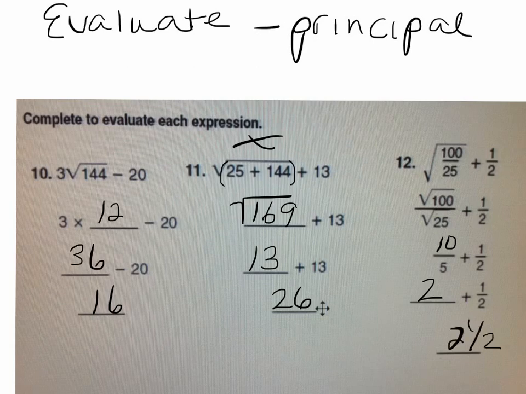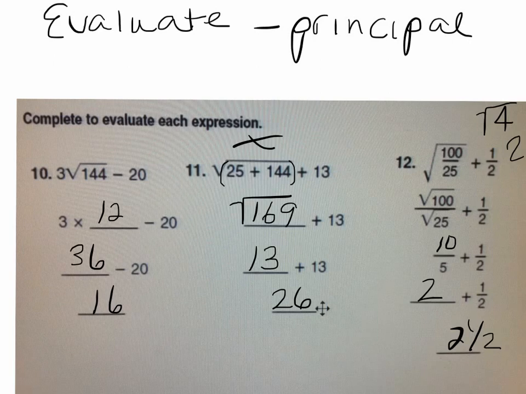Okay, but notice something. Check this out. What if we took the square root of 100 divided by 25? Well, what is 100 divided by 25? It's 4. Well, what's the square root of 4? It's 2. So notice when we have division going on beneath the square root, we can actually have choices.